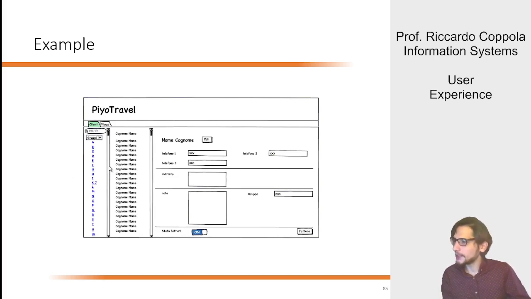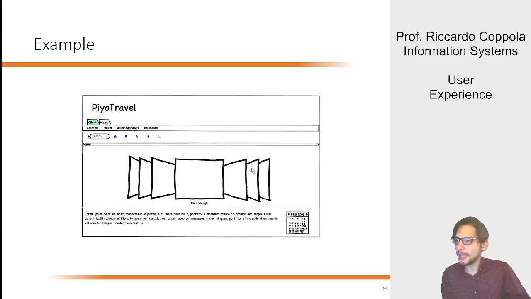We have all the information about the people registered in the system, so both customers and trips. And maybe we can have some information about the trips and the locations of the trips, which is shown as a slideshow. So we have pictures that we actually don't have because this is a mockup, and some date picker and some random text over there.